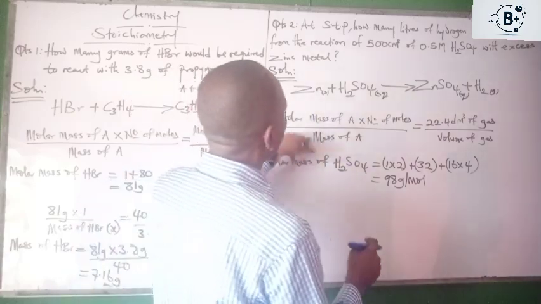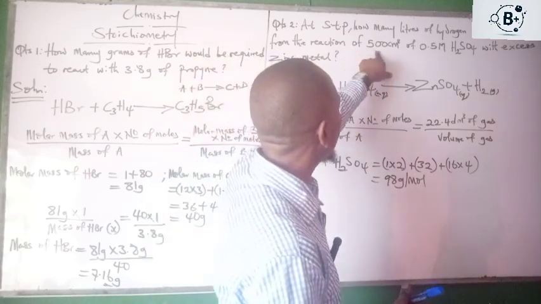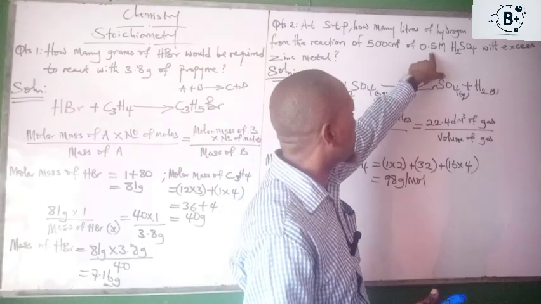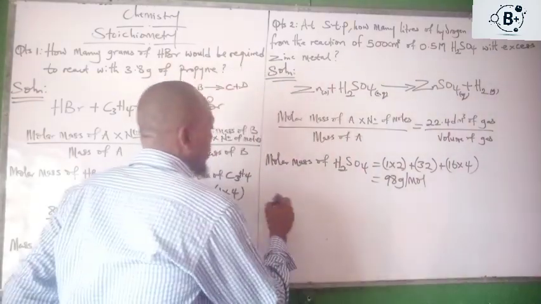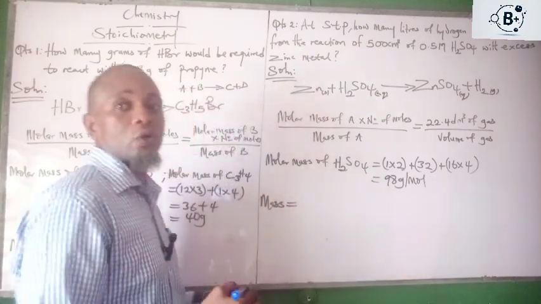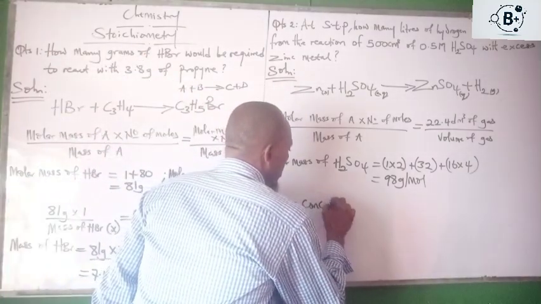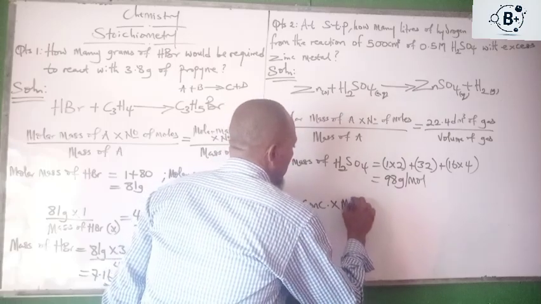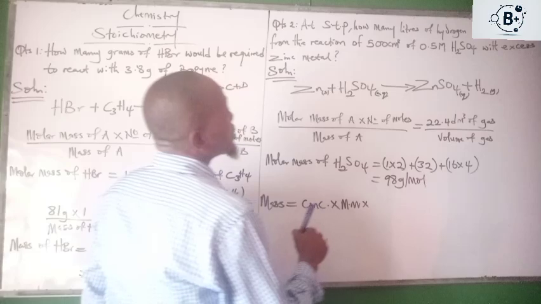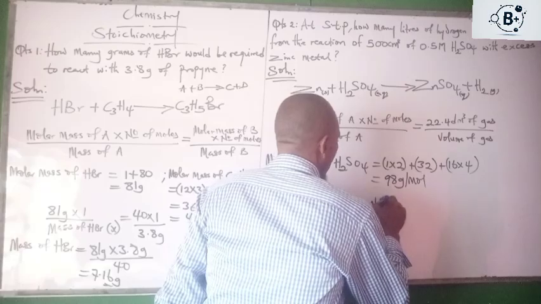Okay, first off again, let's look at the mass of A. How do we get the mass? They told us 500 cm3 and 0.5 molar concentration. So we calculate the mass in this one. They didn't give us the mass already, so they want us to get it. So it's given as concentration times molar mass times the volume that is given.